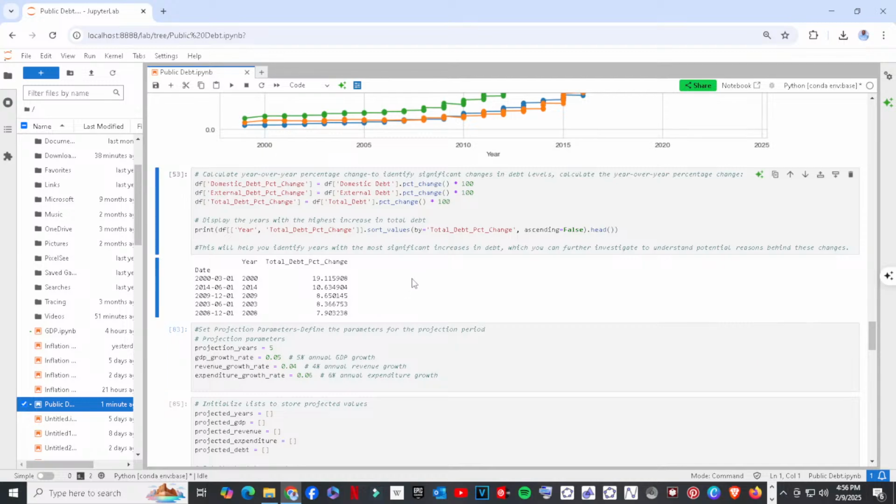So according to this calculation, comparing the total debt percentage change year over year, the highest changes we ever had were in March 2000, June 2014, December 2009, June 2003, and December 2008. So that is what the data gives us.